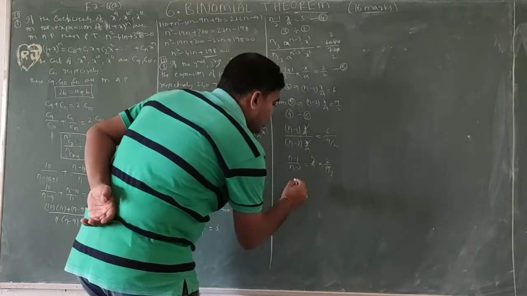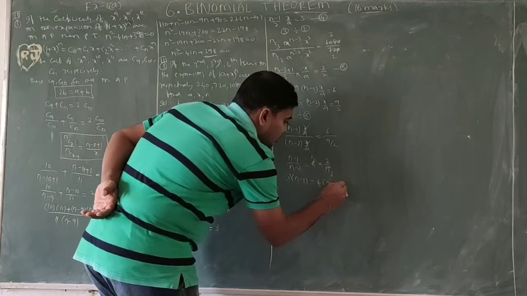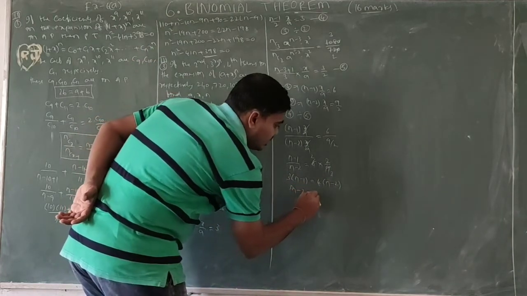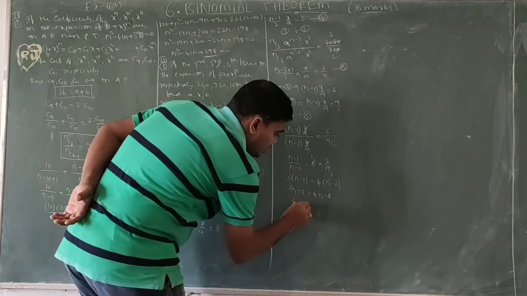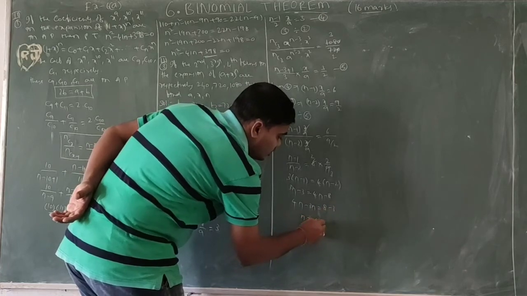Cross multiply: 3 of n minus 1 equals 2 into 2, 4 of n minus 2. So 3n minus 3 equals 4n minus 8. So 4n minus 3n equals 8 minus 3, n equals 5.